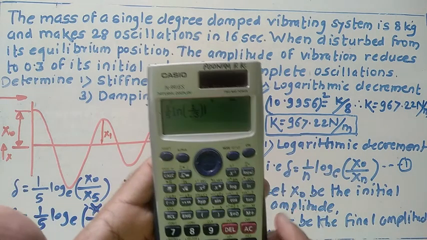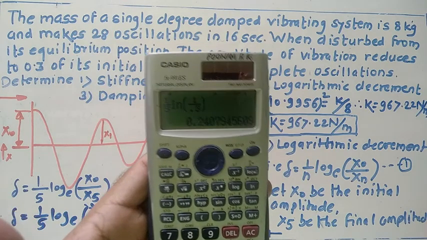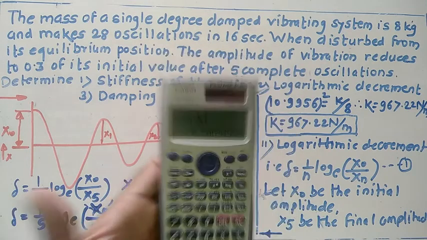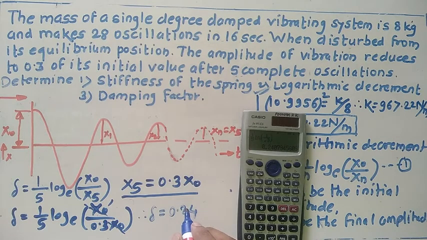Complete the bracket and get the value for delta. After doing the calculation, delta equals 0.2407. In this way we get the value for delta.